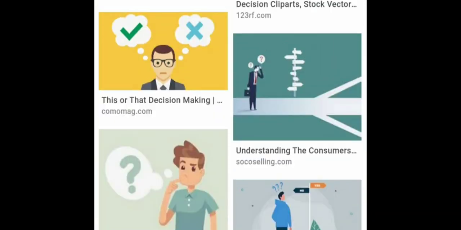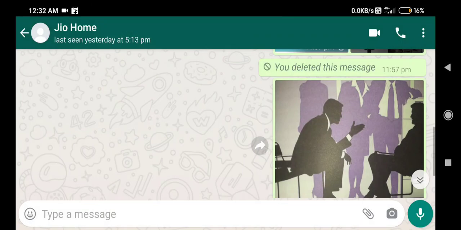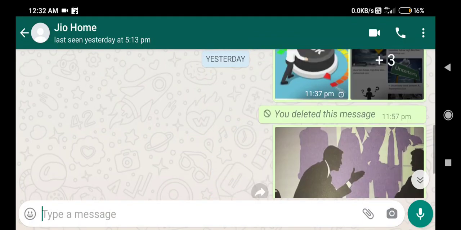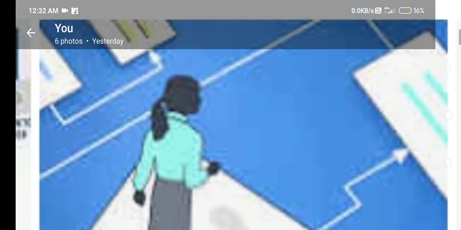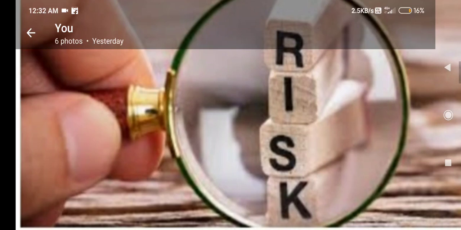So the first step given here is uncertain factors. If you are finding the solution, at that time many uncertain factors and many risk factors will stand in front of us.